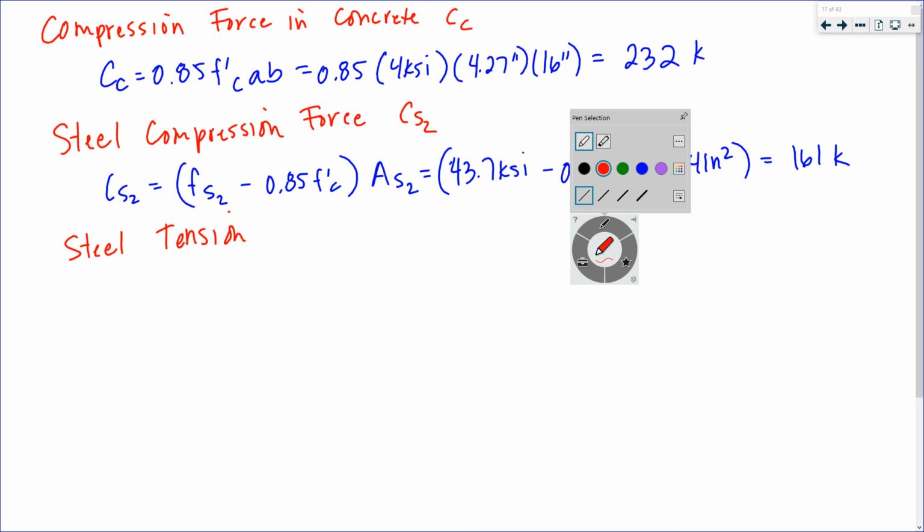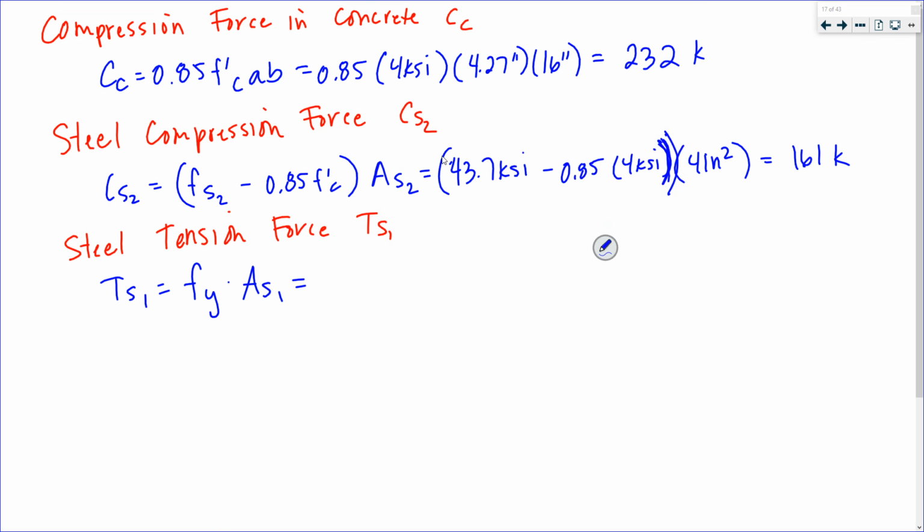My steel tension force, TS1, is Fy times my area of steel 1, because I've yielded my tension steel, right? We're beyond yield. We're over double yield, right? So 60 KSI times 4 inches squared. 240. I don't even have to write that again. It's the same thing as before.